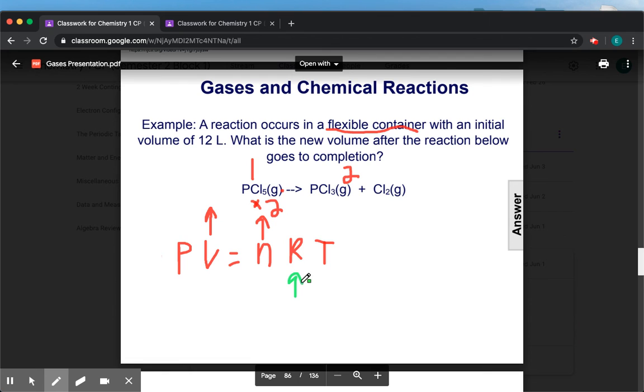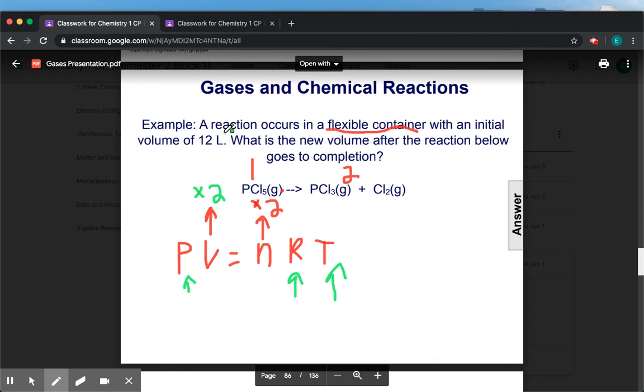R is constant, T is constant, P is constant. They cannot change. This equation has an equal sign, which means the left side and the right side have to be equal. So if I'm doubling this, what do I need to do to volume to keep it the same? To keep the equation equal, I also need to double it.